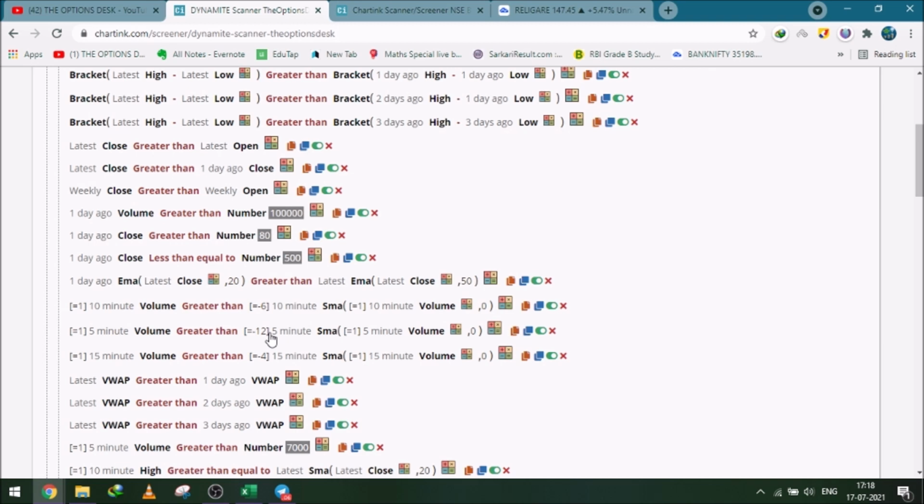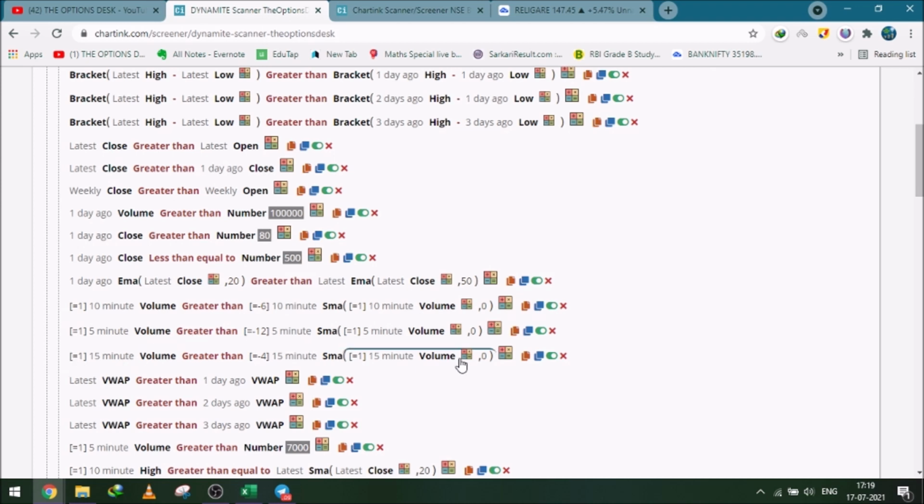Then the average of the past 60 is divided by 12, which means 5. If the first 5-minute volume is 6, which is greater than the average of the last 12 five-minute candles, that is 60 total with an average of 5, then the stock is going to come into the scanner.